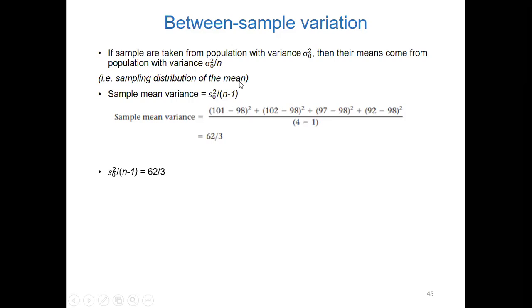Then the sample mean variance. The sample mean variance is 62 over 3. We will not solve this part. I will tell why. We are solving the numerator. The values of numerator will get 62. The denominator will get 3. We are not solving this. We will keep this.